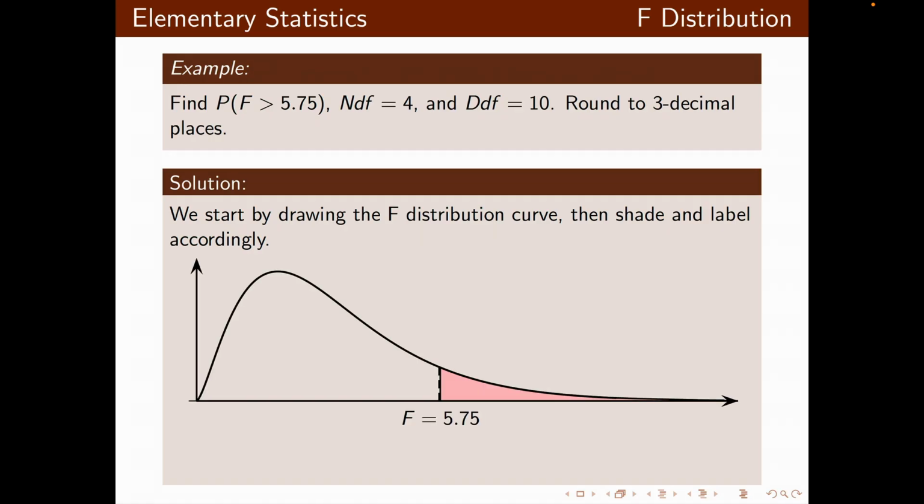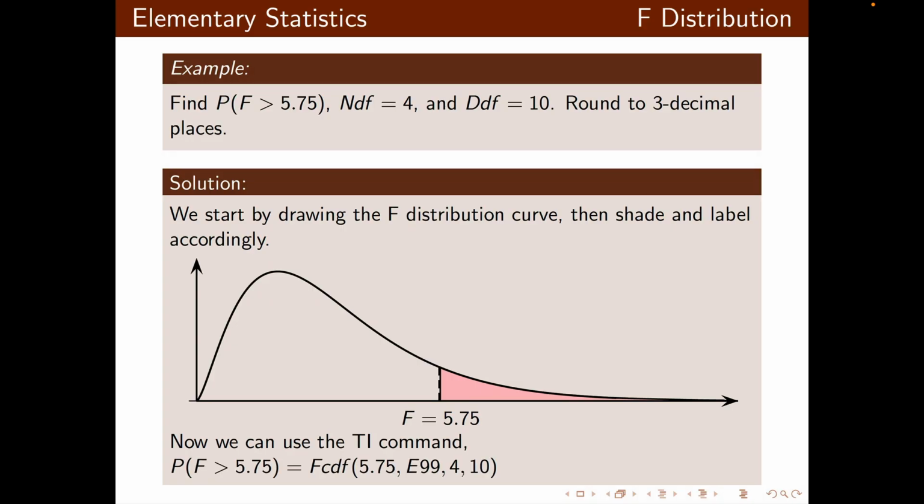Now we're going to use the TI command FCDF. Lower would be 5.75, upper would be E99, 4 and 10 for the numerator and denominator degrees of freedom, respectively. And that probability is 0.011.